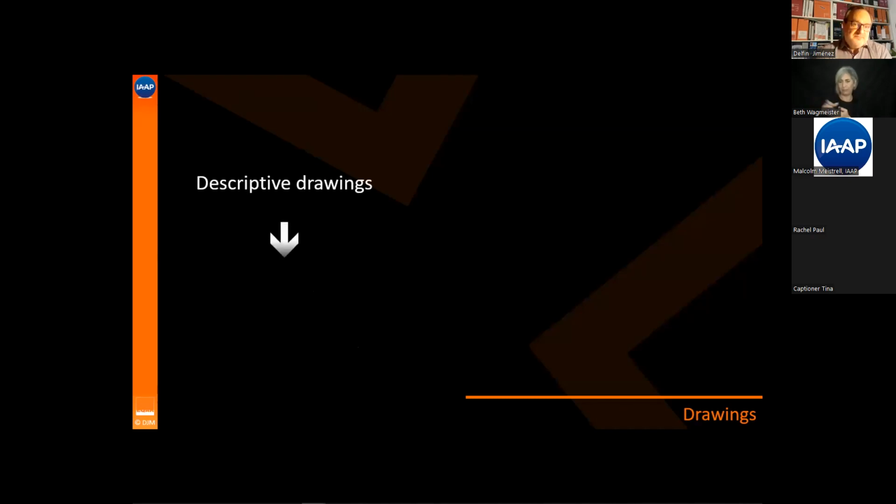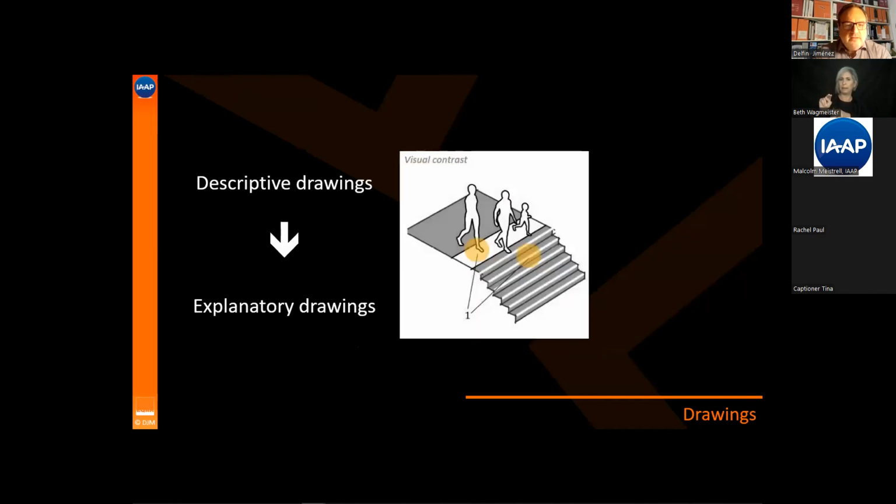Well, and then the drawings, the figures, are descriptive. They are not for dimensioning, they are to explain. For instance, if we are talking about visual contrast in stairs, the drawing highlights the key points.